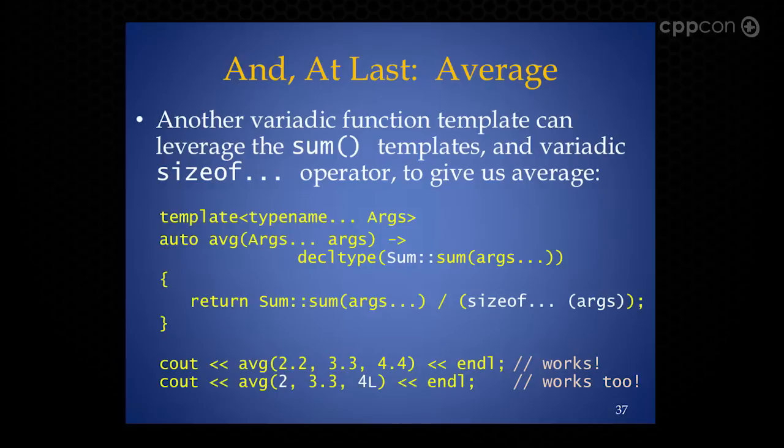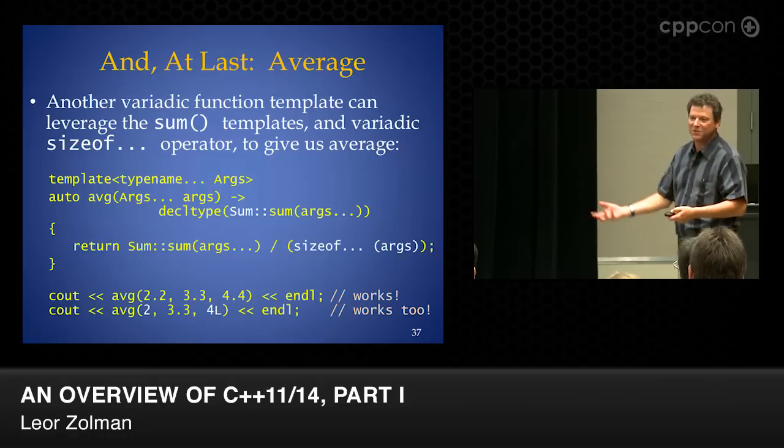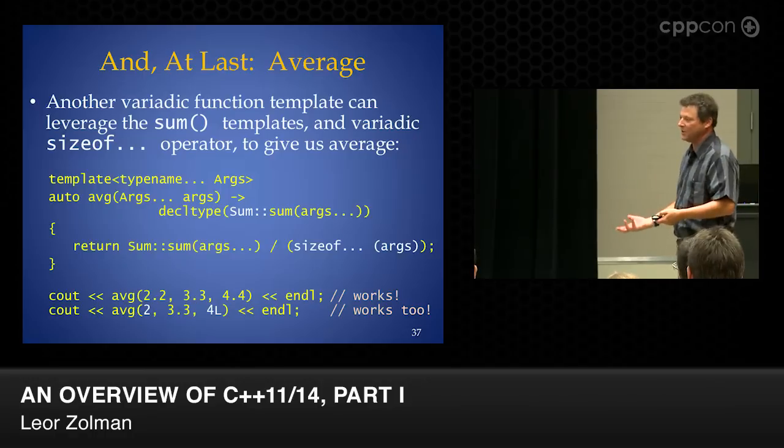All right, well now doing average is easy. We finally got a sum that works. So to create the average of this set of values, we can specify the return type as the same as the type of the sum, right? Because all we're going to do is divide the sum by the number, and we're going to keep the same type. And then we go ahead and we calculate it.